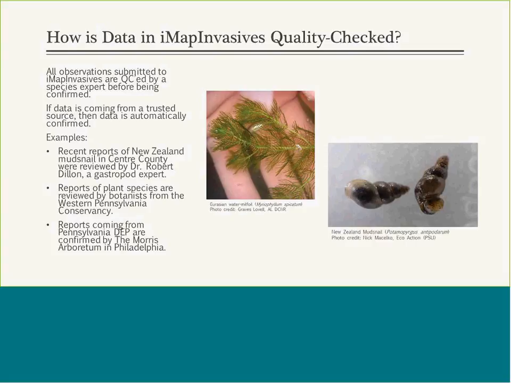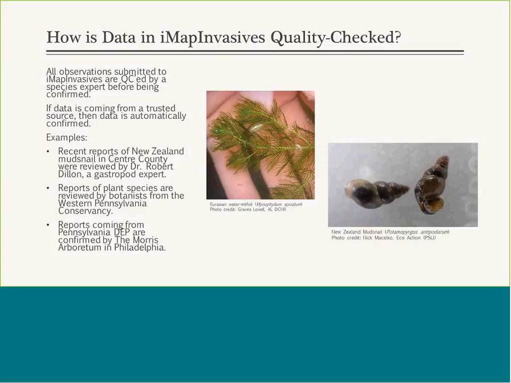Also, if it is coming from a trusted source, that data is automatically confirmed. For example, we just recently got some reports of New Zealand mud snail in Centre County. I submitted them to my gastropod expert, Dr. Robert Dillon, down in South Carolina, and he reviewed them and said, yes, this is indeed New Zealand mud snail, you can go ahead and confirm it.